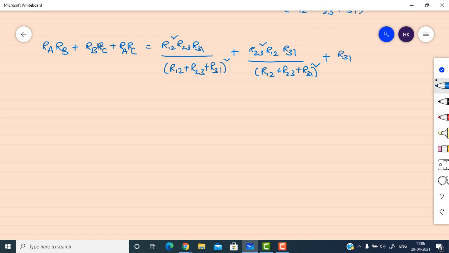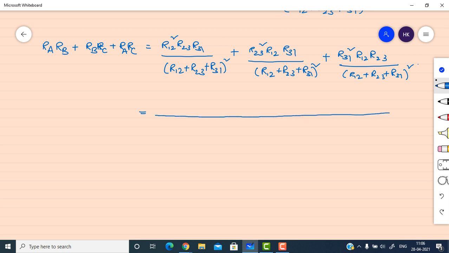RARC equation is R31 square R12 R23 by R12 plus R23 plus R31 whole square. So in the denominator, in all the terms, R12 plus R23 plus R31 whole square is common.